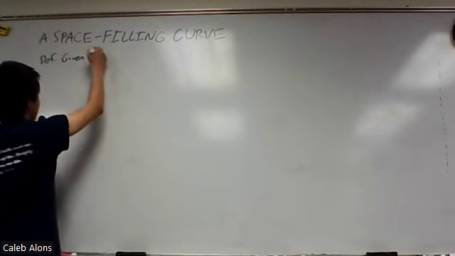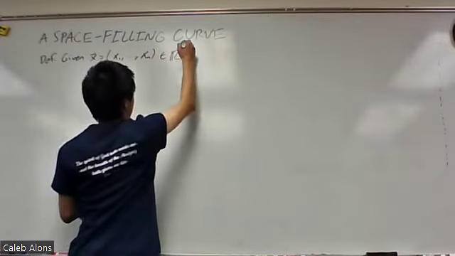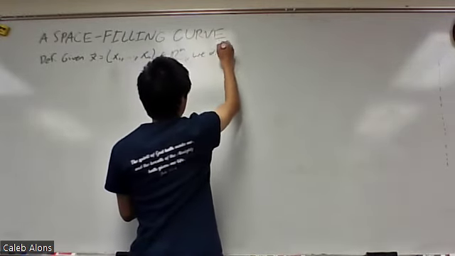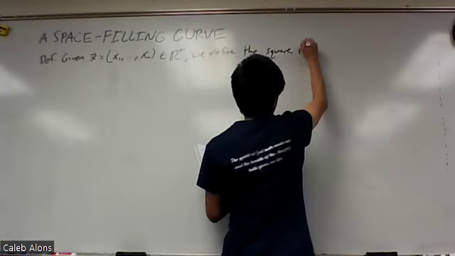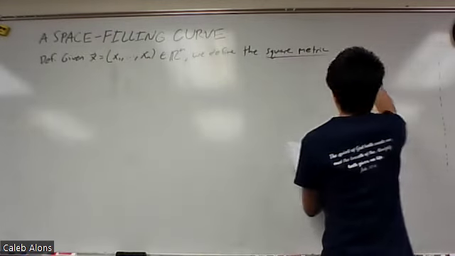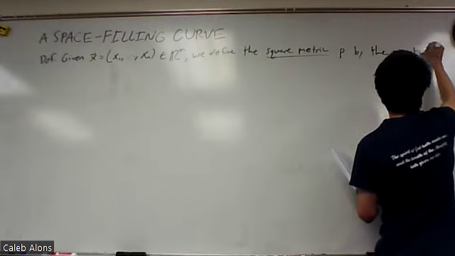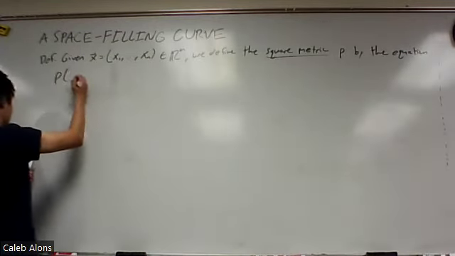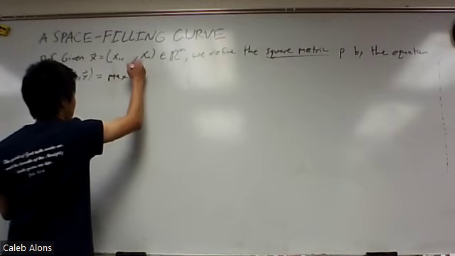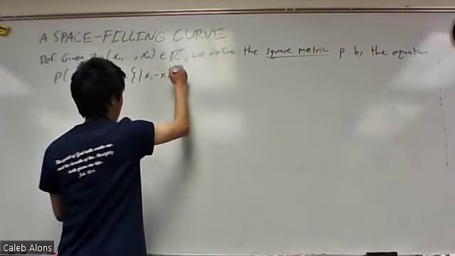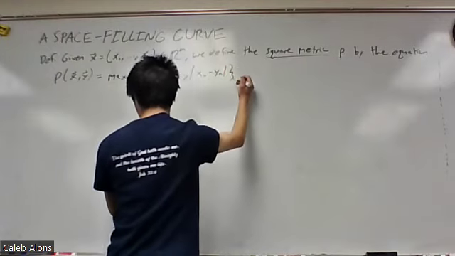So given a vector in R^n, so say x = (x1, ..., xn), and it has n components, we define the square metric, a different way to think of distance, rho, by the equation: the distance in the square metric between two vectors x and y is going to be the max of |x1 - y1|, and we check every single difference for the components. And we'll do an example of this.